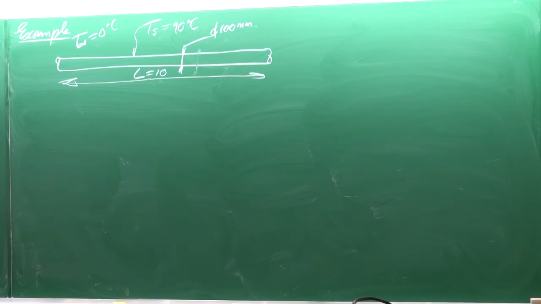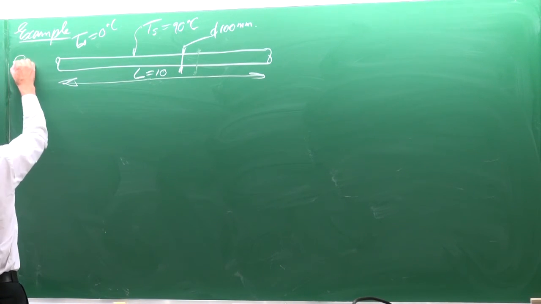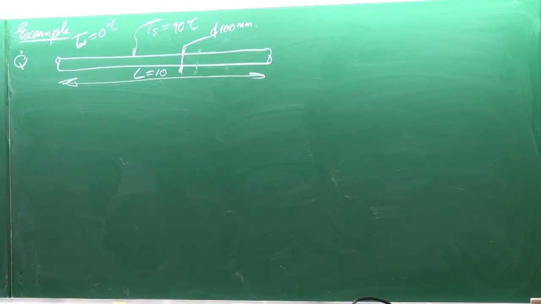And the question is, determine the heat transfer rate from this cylinder. Okay. So the outer surface temperature is 90, the environment temperature is 0, the diameter is 100 millimeters, and it's 10 meters in length. Determine the heat transfer rate.